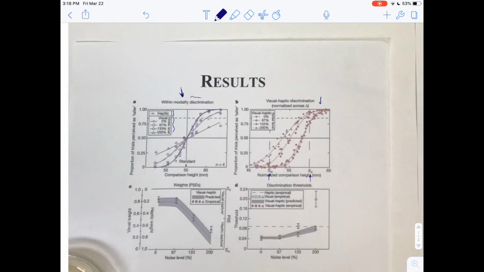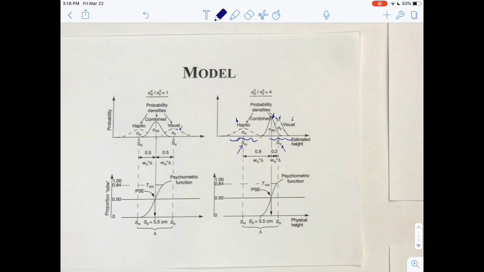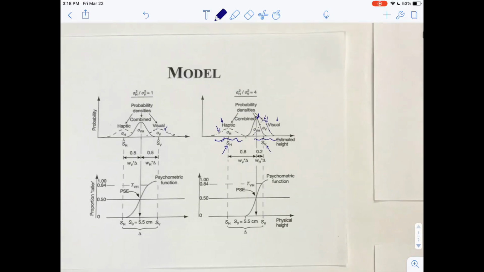So let's call this experiment 1 and let's call this experiment 2. With experiment 1, we were able to determine the properties of the touch only and haptic only Gaussians. With the combined experiment, we were able to determine the properties of the combined Gaussian.